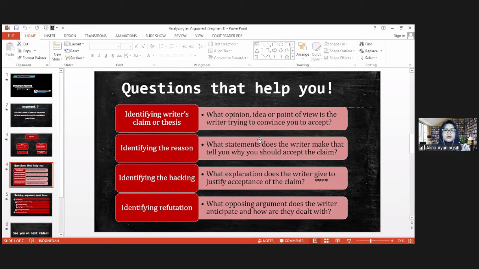Tapi di situ authornya nggak nulis kenapa sih dia nulis argumentative essay dan klaimnya seperti itu. Jadi dia bukan ngomongin reason kenapa dia menulis yang membuat kita harus menerima klaim atau opini dia.